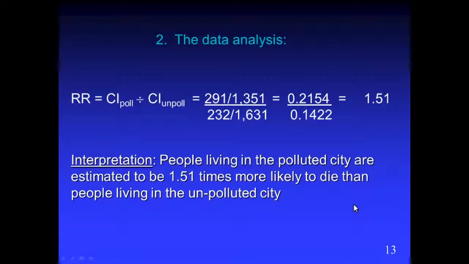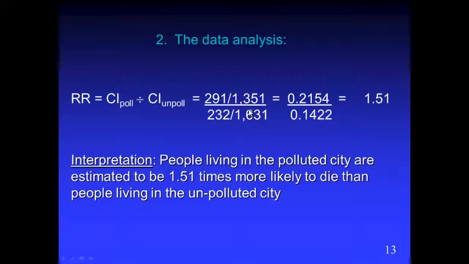In the data analysis, in this instance we'd calculate a relative risk estimate, which is really a cumulative incidence ratio. So it's the cumulative incidence in the polluted city divided by the cumulative incidence in the unpolluted city. The calculation is very straightforward.